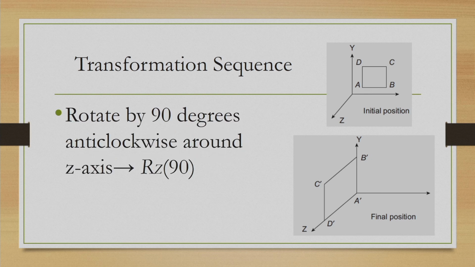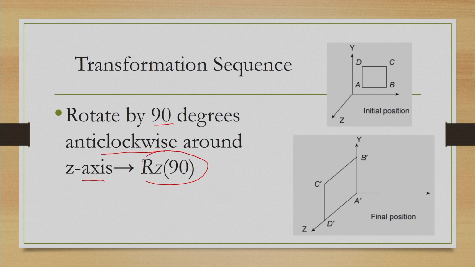Then if we are translating the center to origin, then the axis of rotation which was parallel to z axis now will be automatically aligned with the z axis. So, then we perform the rotation by 90 degrees anti-clockwise around the z axis.